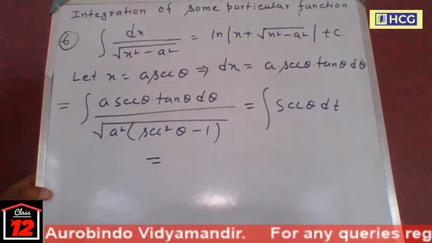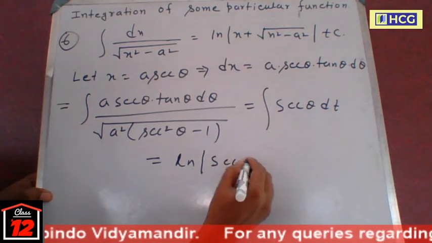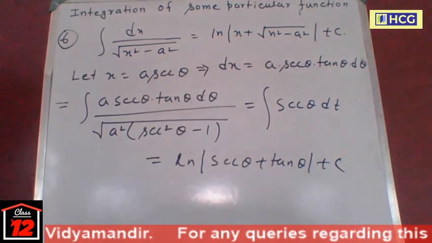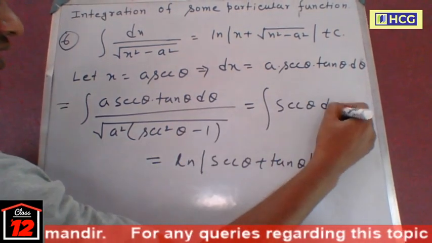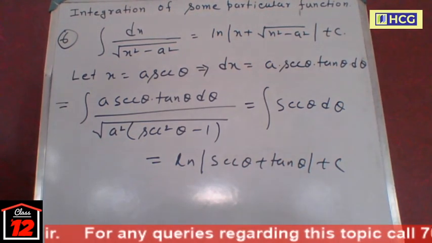Integration sec theta d theta is ln mod sec theta plus tan theta plus c, proved earlier.